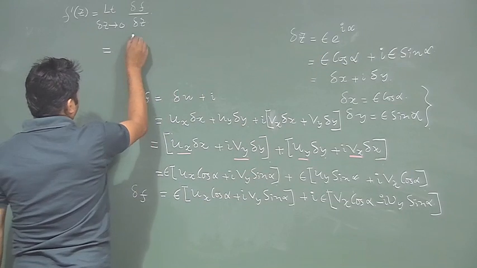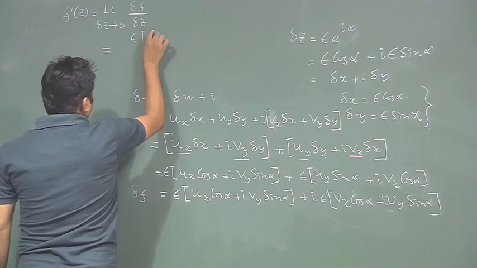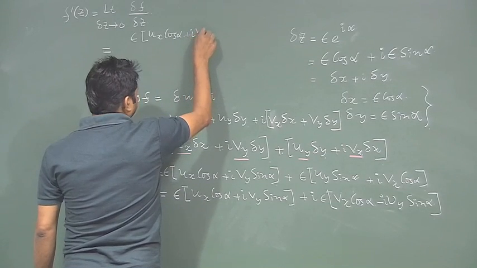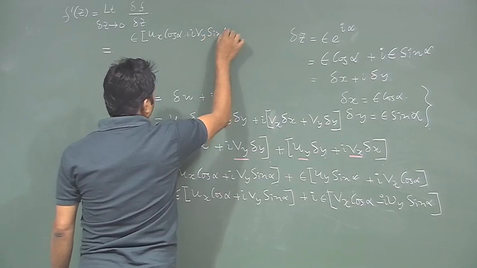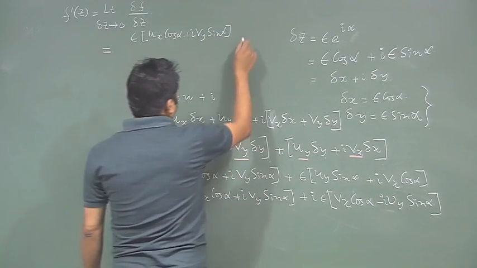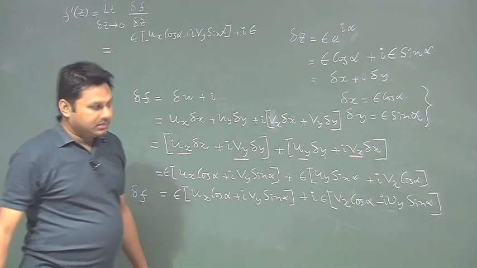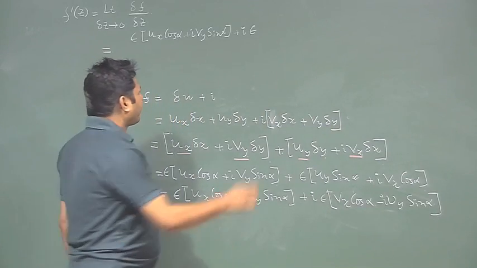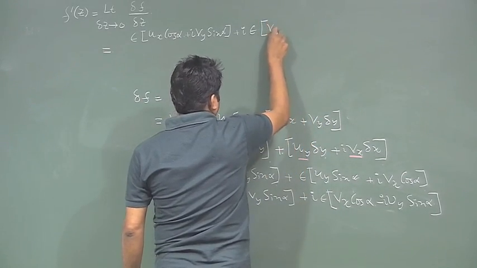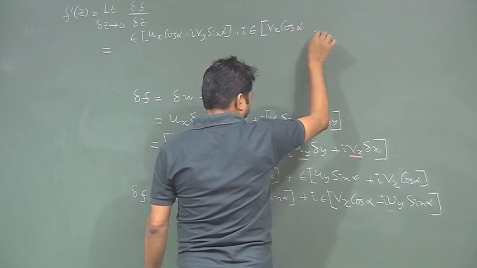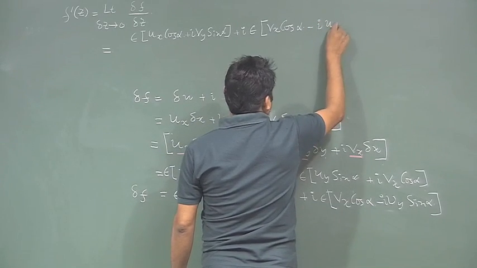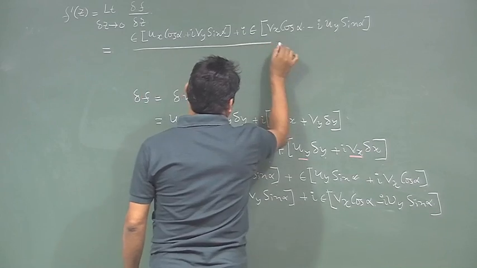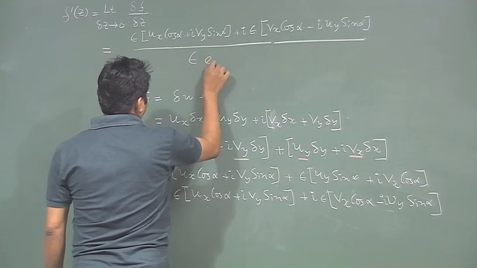So, the expression should be something like this: epsilon times u_x cos alpha plus i v_y sin alpha, plus i epsilon times v_x cos alpha minus i u_y sin alpha, whole divided by epsilon e to the power of i alpha.